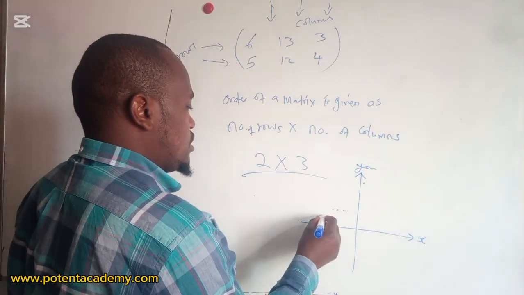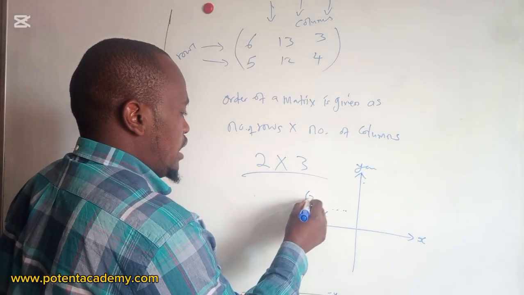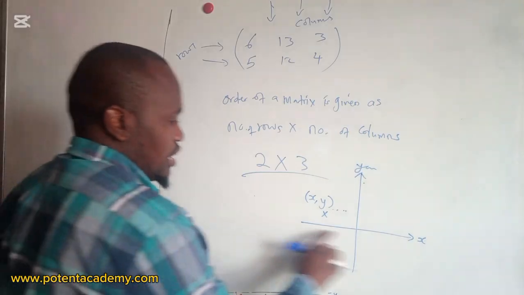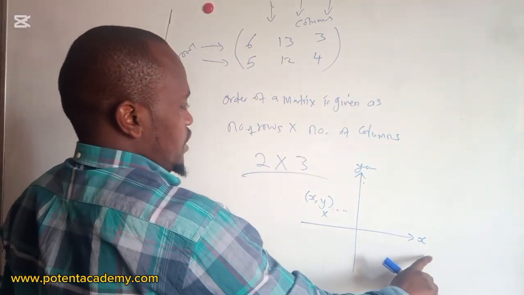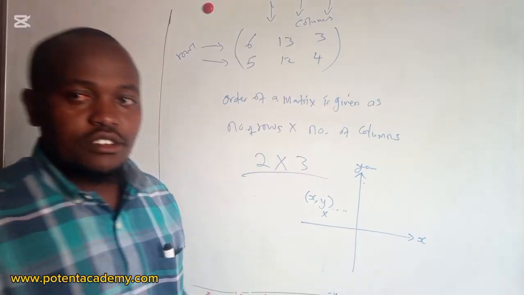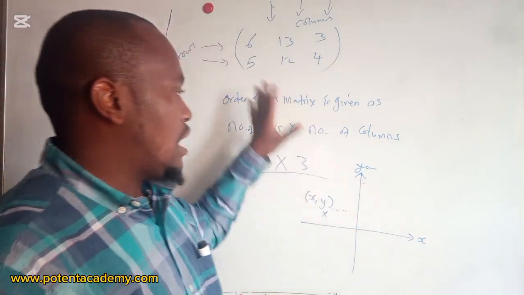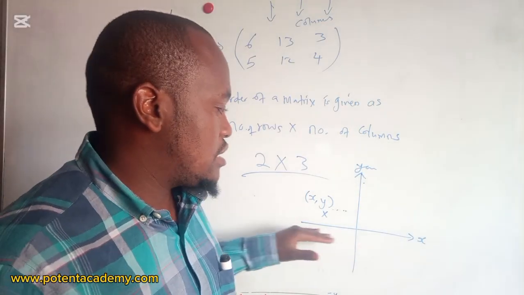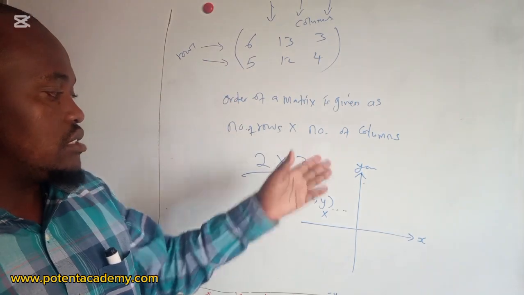When you want to give a point, you give it as x, y. X goes like this, so you always start with x, the rows, and then you state the vertical.